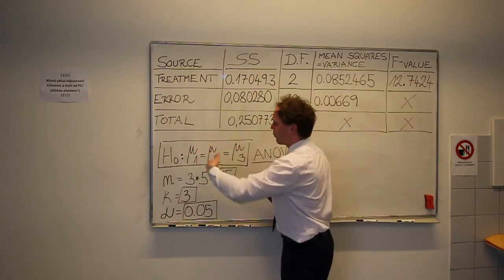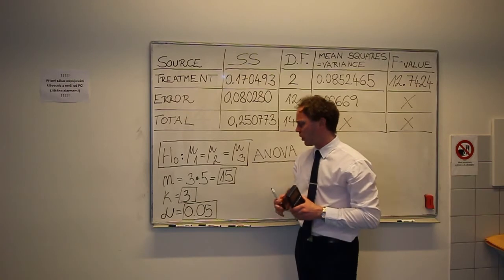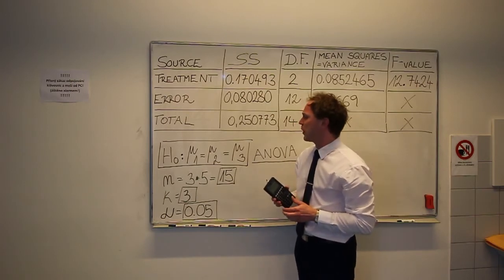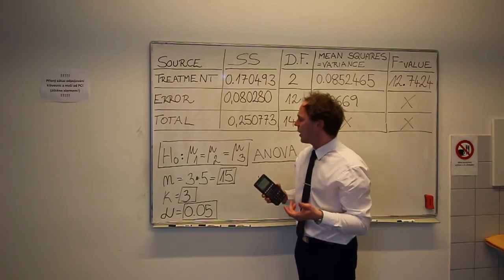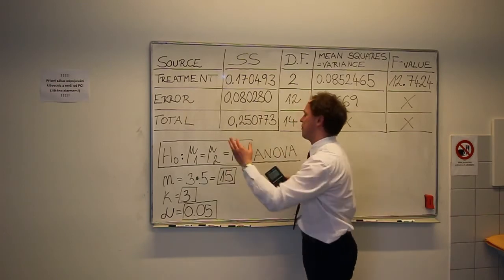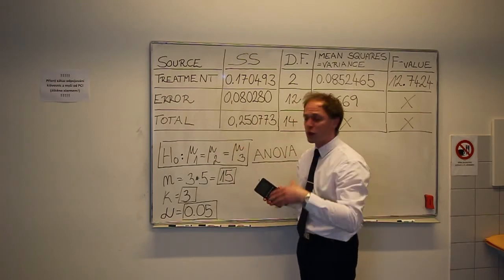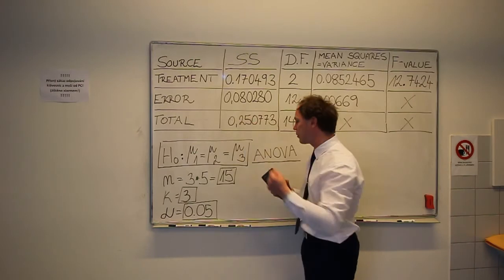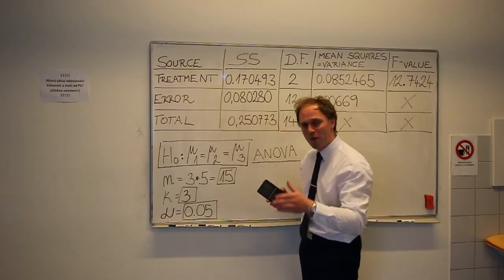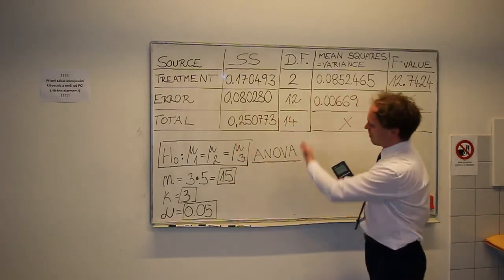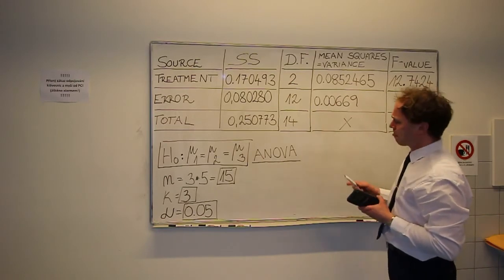Average consumption of Shell fuel is equal to average consumption of AGIP fuel, and this is equal to average consumption of OLV fuel. And the method is called ANOVA. Why?